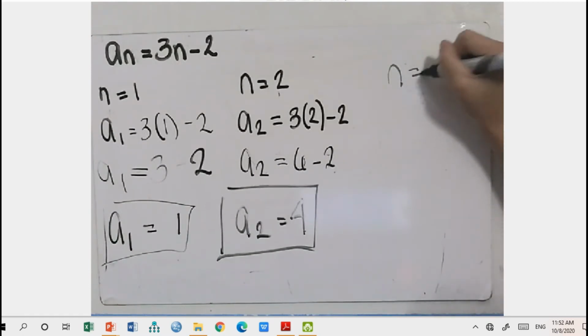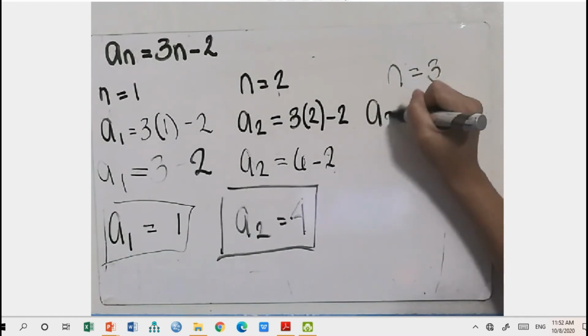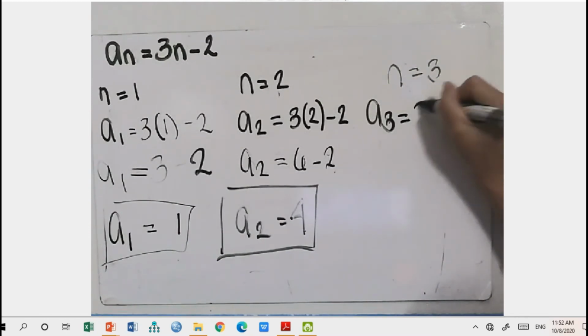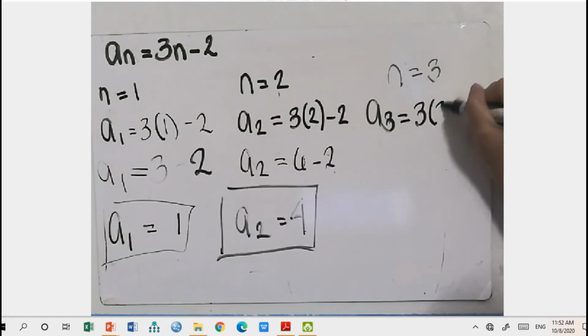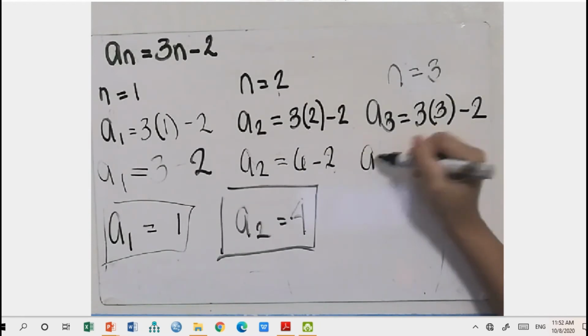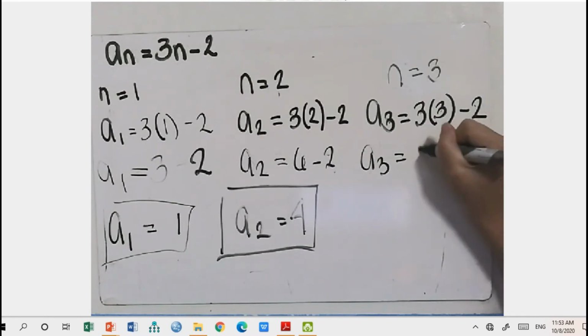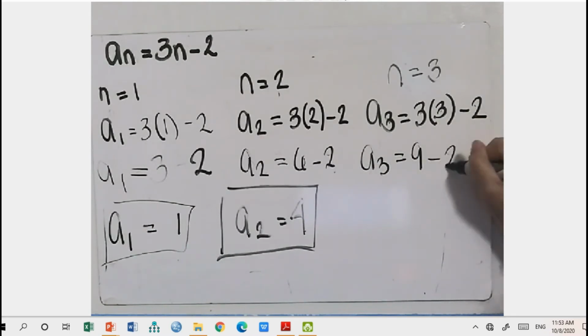Let n is equal to 3 for us to be able to find the value of the third term. So we have a sub 3 equals 3 times 3 minus 2. So a sub 3 is equal to 3 times 3. 3 times 3 is 9, minus 2.